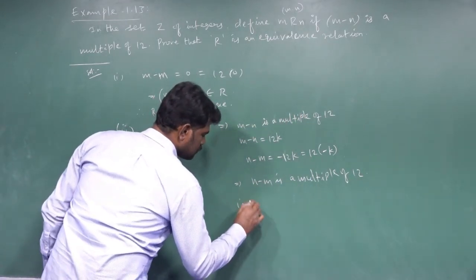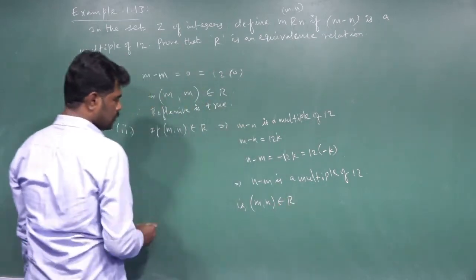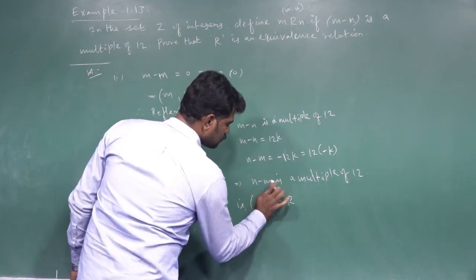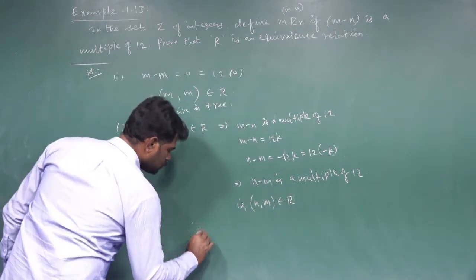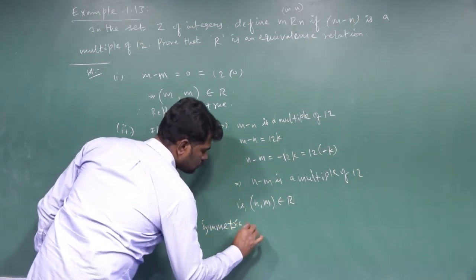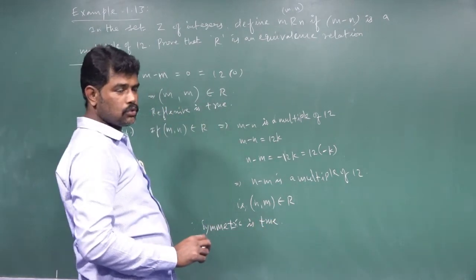That is, n comma m belongs to R. Therefore, symmetric is true.